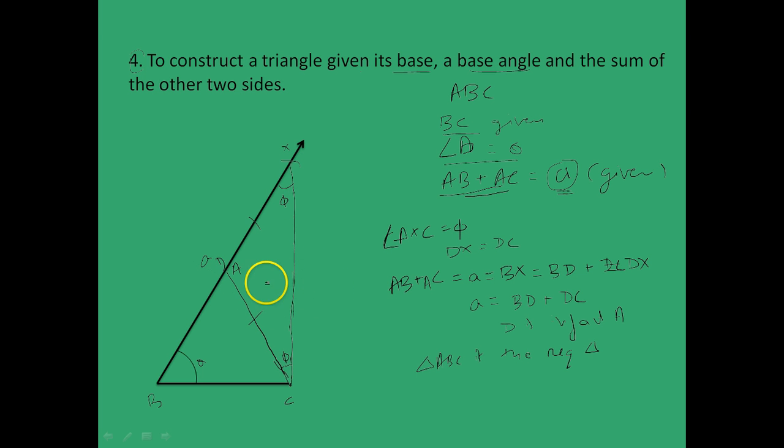There is an alternate way you can do this. Instead of drawing this angle, what we can do is simply draw the perpendicular bisector of CX.